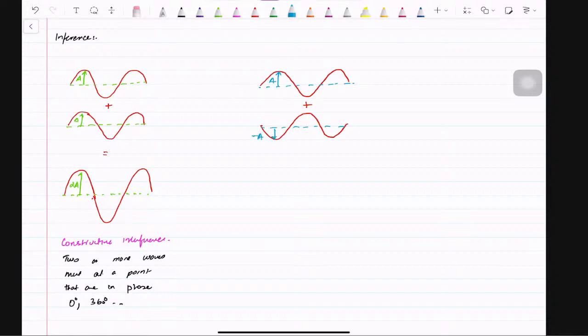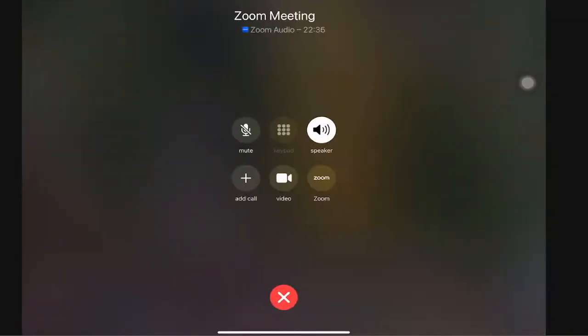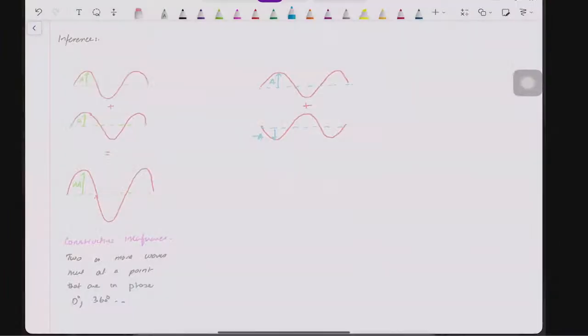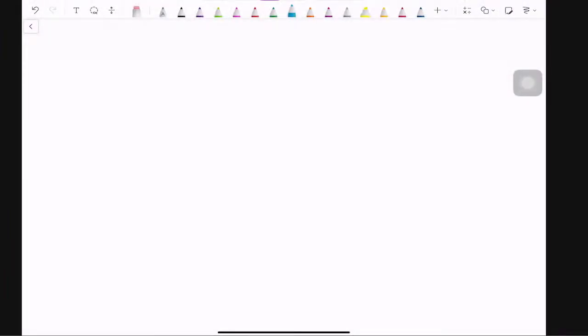The reason is that amplitude is a vector quantity, right? Yes.